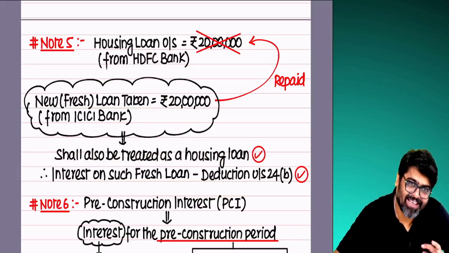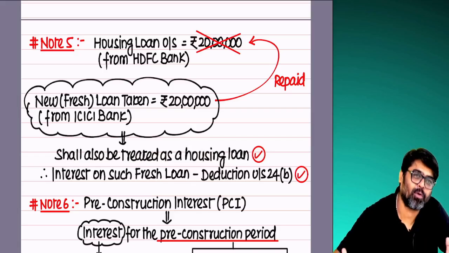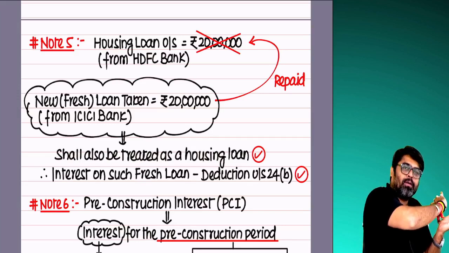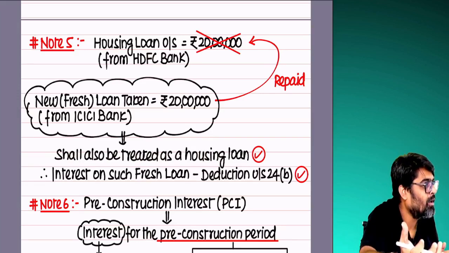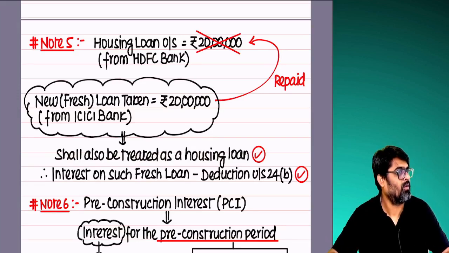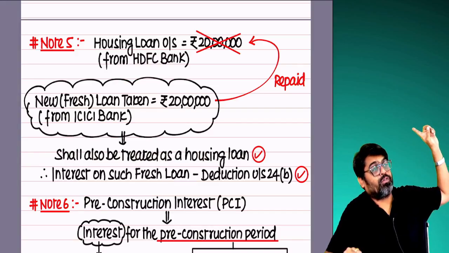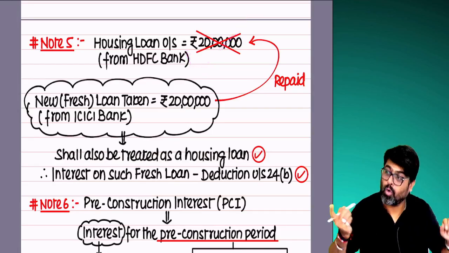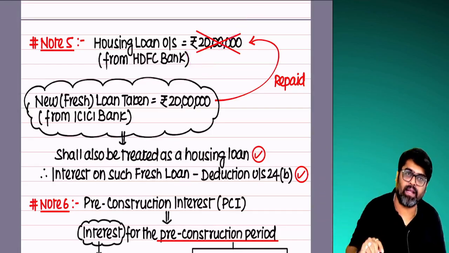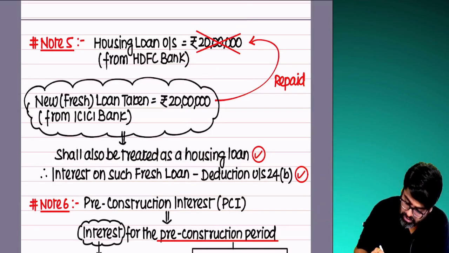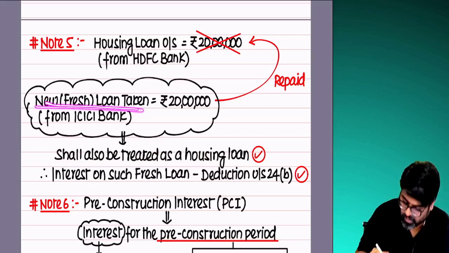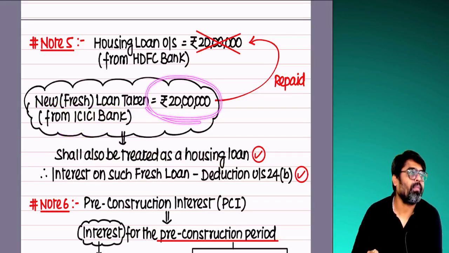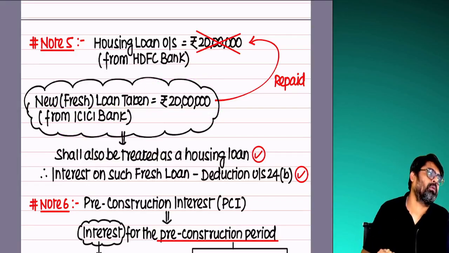Hello, understanding what is happening? Entire story, no, is about paying the old loan by taking a new loan. What was the loan? Housing loan. How much was the amount outstanding? 20 lakhs. To pay that 20 lakh of outstanding loan, hello, I took a new loan from ICICI Bank amounting to, now tell me how many loans will I have?